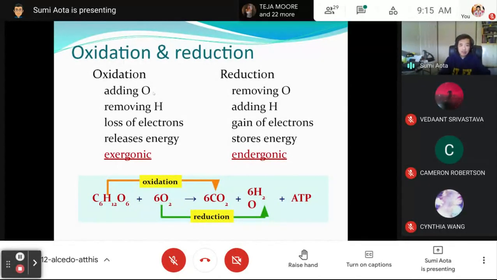Oxidation is adding oxygens, removing hydrogen, loss of electrons, releasing energy, which is exergonic. Reduction reactions remove water, add hydrogen, gain electrons, store energy, and are endergonic. Effectively, we're doing redox reactions, and the excess energy from exergonic reactions is used to make the ATP.